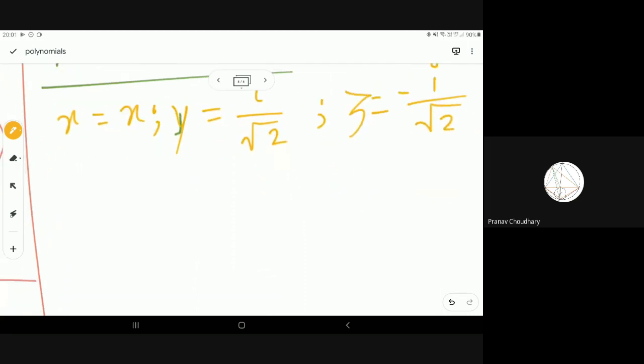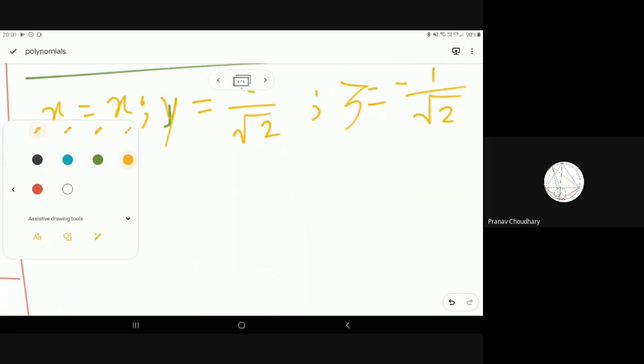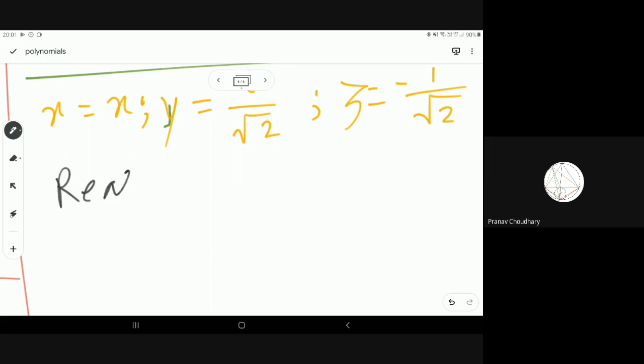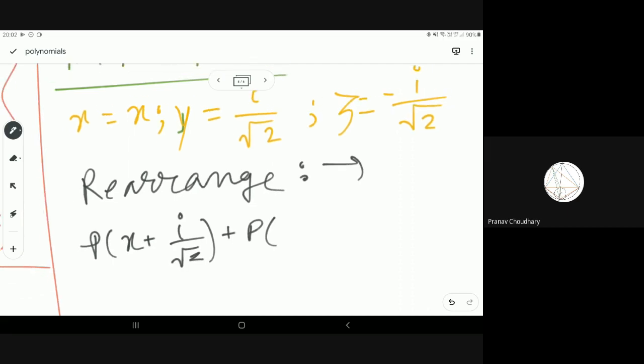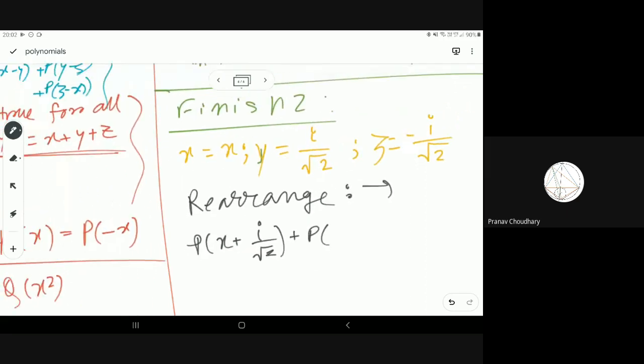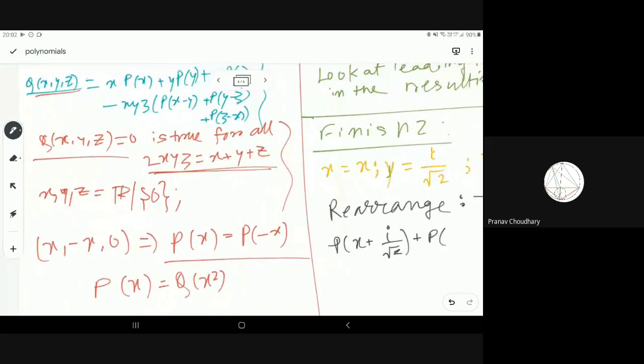And then if you rearrange the terms, you get something like p of x plus i root 2 plus... Oh, the polynomial is defined over reals. How can we substitute a complex number? Yeah, that is the main point of what we just did, right? Real numbers are also complex numbers, right? Yes. Let me explain.